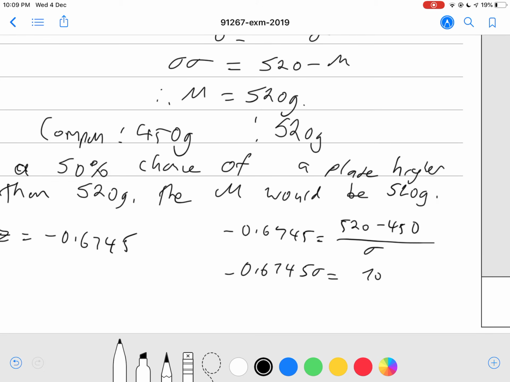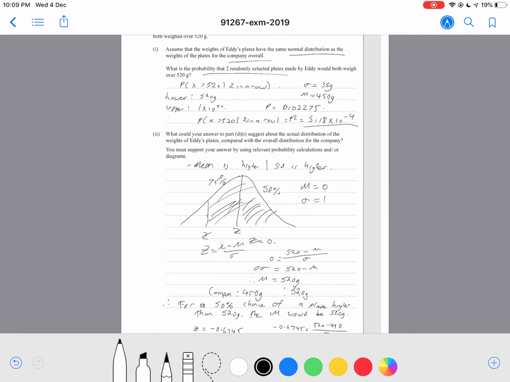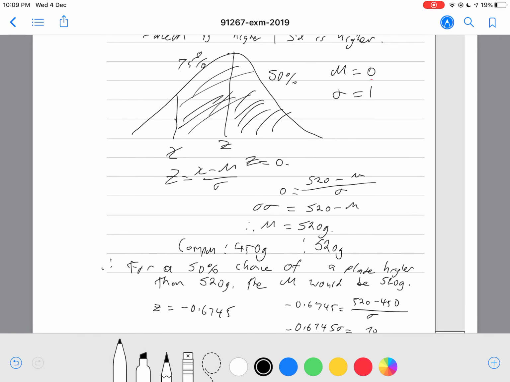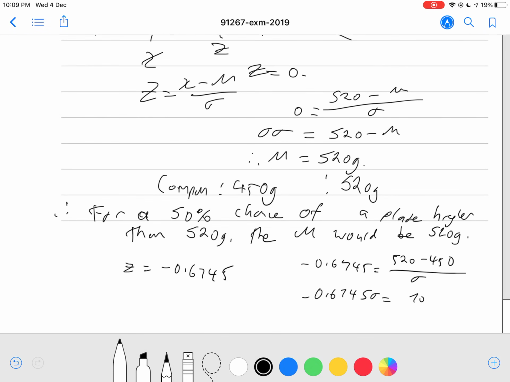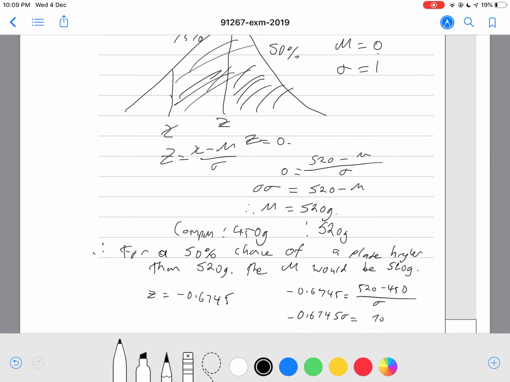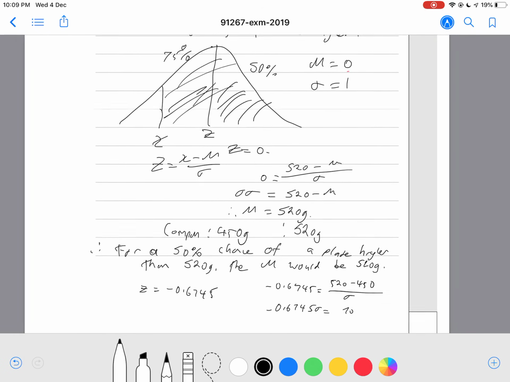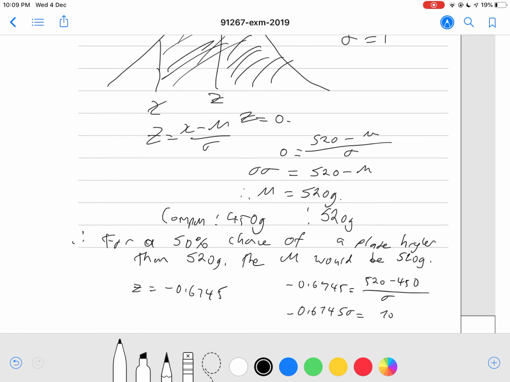I feel like I'm doing something wrong here, aren't I? I'm getting a negative answer. That should not be happening. That's a pickle. What am I doing wrong here? So 75%. Sorry, apologies guys, it looks like I have made a mistake. Our x value is 520, and our mean was 450.